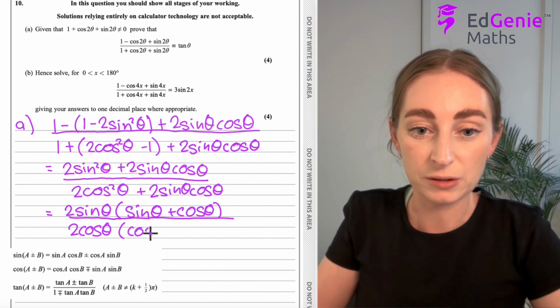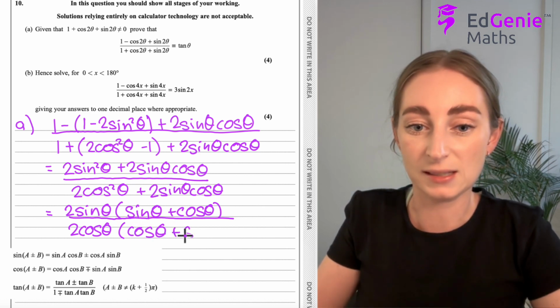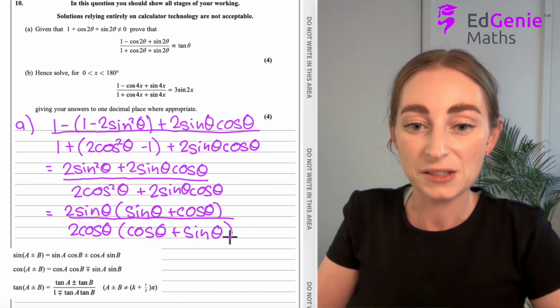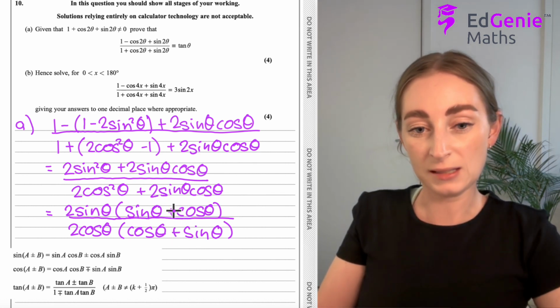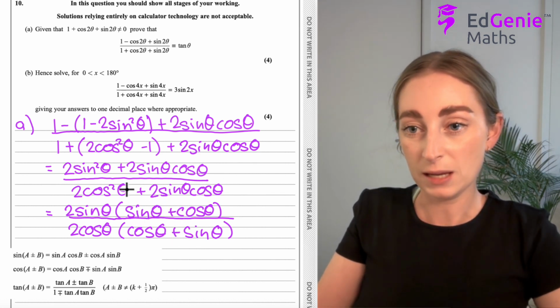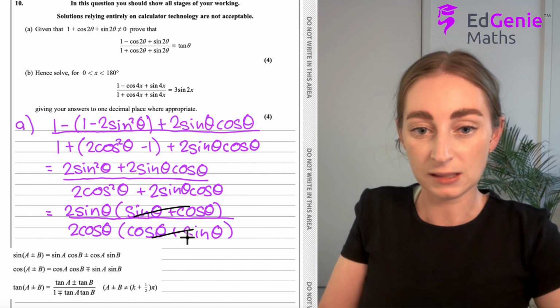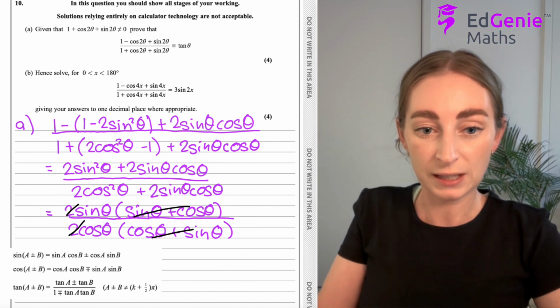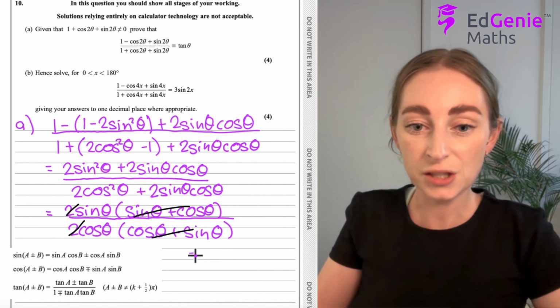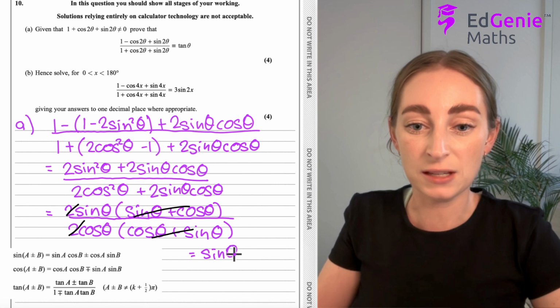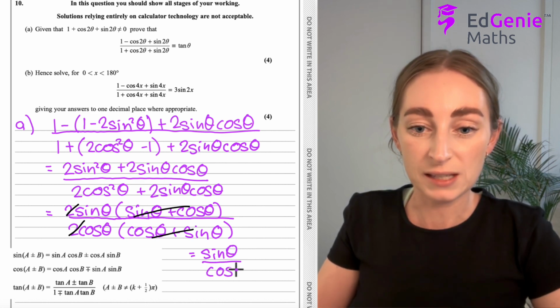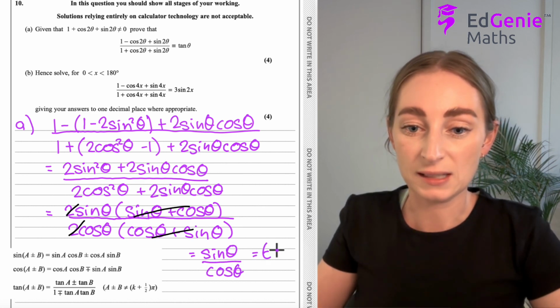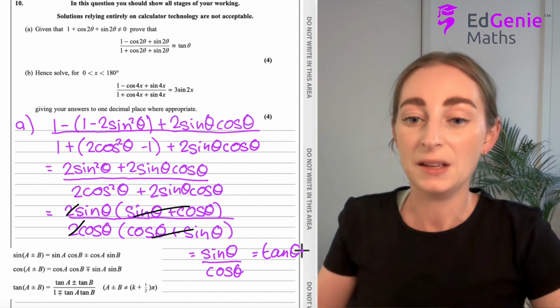And then we've got cos theta plus sine theta. Because these two brackets are the same, that's going to cancel with that. The 2's cancel out as well. So we are left with sine theta all over cos theta, and we know that that is tan theta. So we did it.